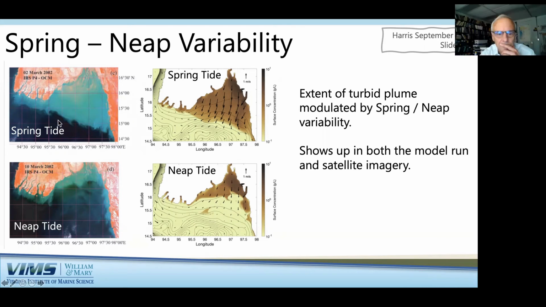We do get features. They don't match one-to-one, of course, but we do get tendrils of stuff coming out. For these figures, we averaged over time, so the features average out. But the model's not resolving chlorophyll, so we wouldn't have high chlorophyll water, but we have high salinity water.